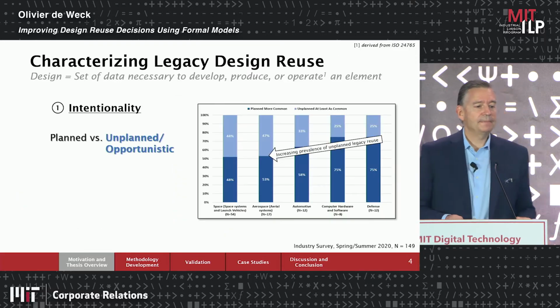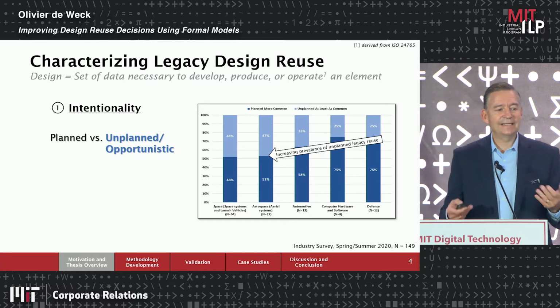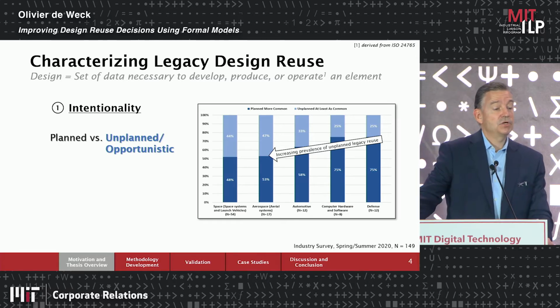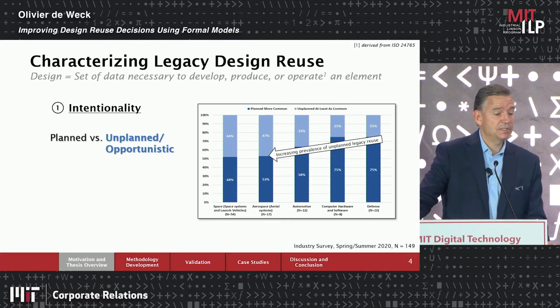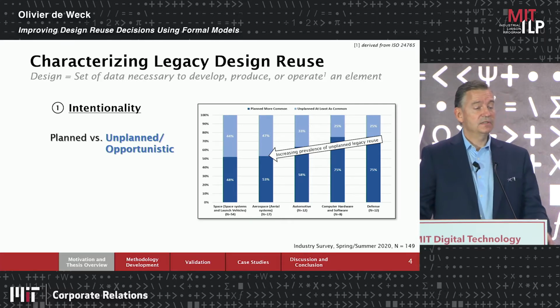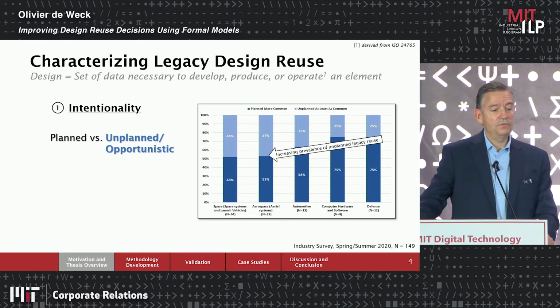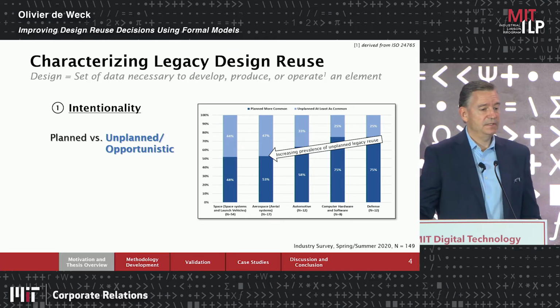So when we think about characterizing legacy design reuse, part of this work was a survey of different practitioners in industry, and you can see the industry survey was done spring and summer of 2020, so about a year ago, and we had 149 responses from different industries.